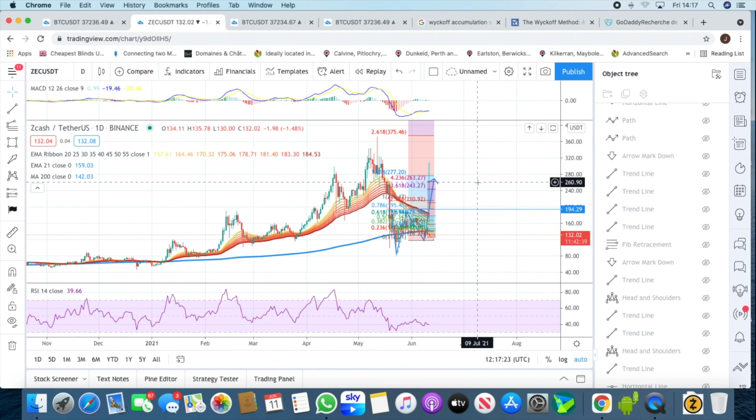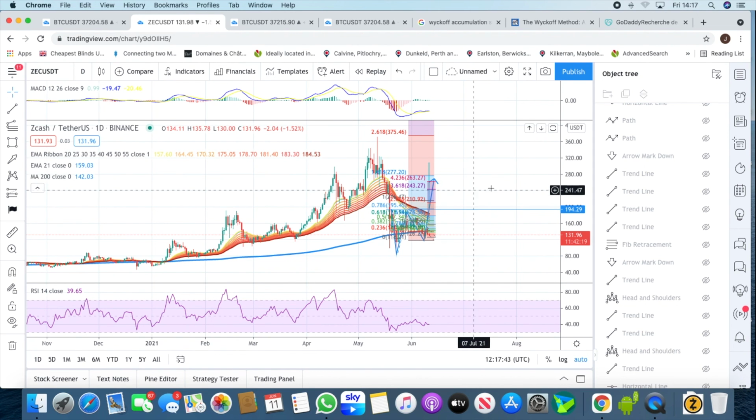I think the ZCash goes initially, like I say, we're going to go stage by stage. We're going to make our way probably to 170, maybe 200, the psychological barrier. But bear in mind, it's not long since it was actually at $372 odd.